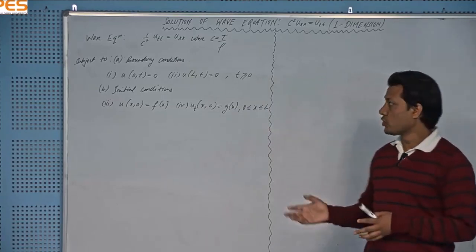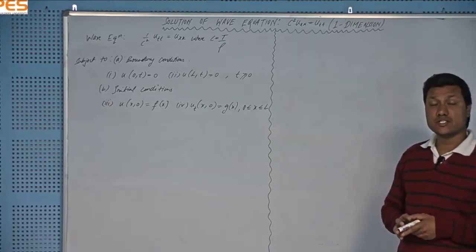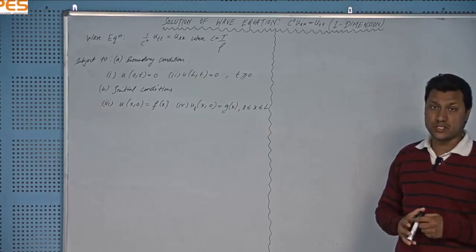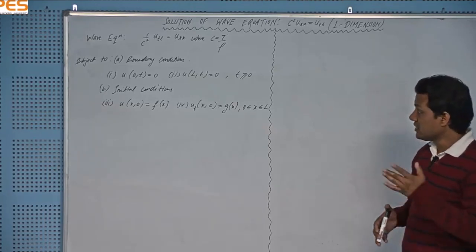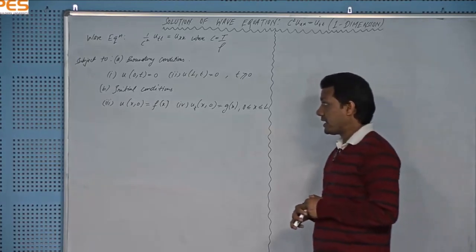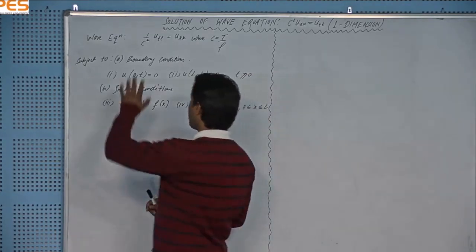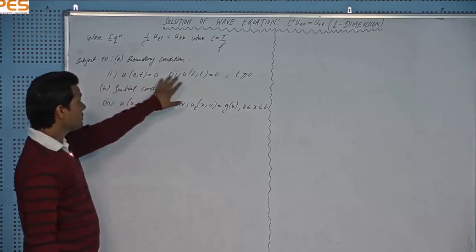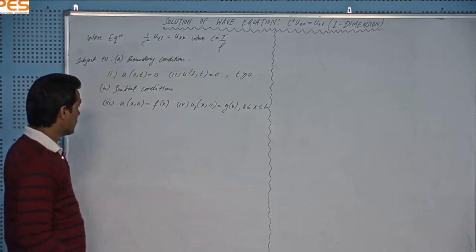Then I was able to solve them, and I discussed the nature of the separation constant k, which came out to be negative, k = -p², and then the solution of this equation with these boundary conditions took the form of something like this.